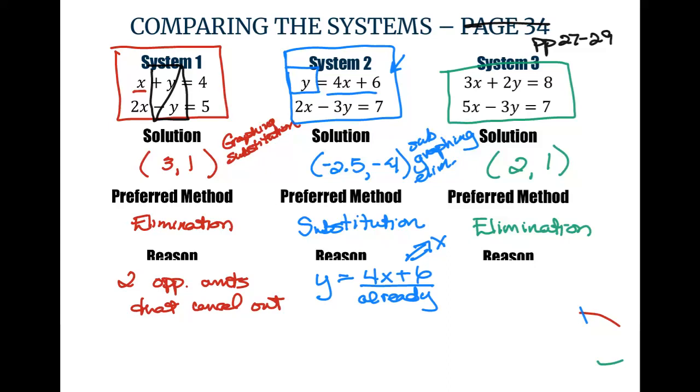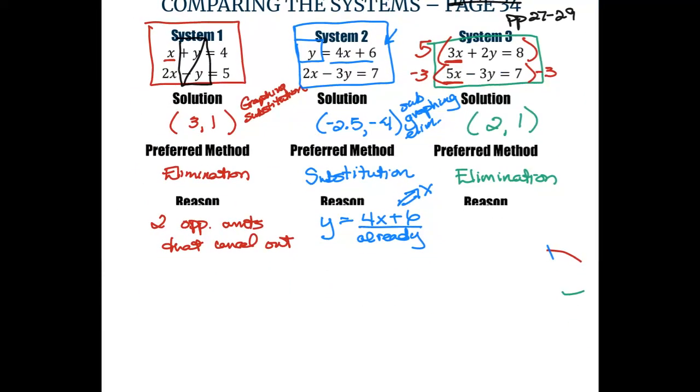So if I look at, let's say I want to eliminate my x's, what would be my least common multiple between 3 and 5? 15. So I would multiply this by a 5. Remember, you multiply everything. And I could multiply this one by a -3.